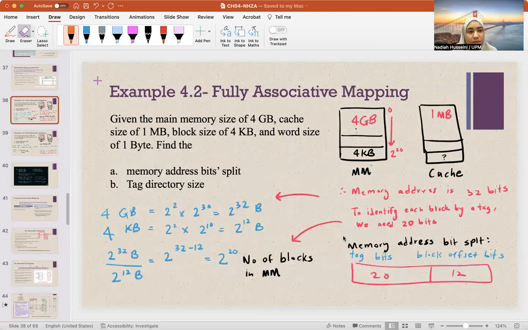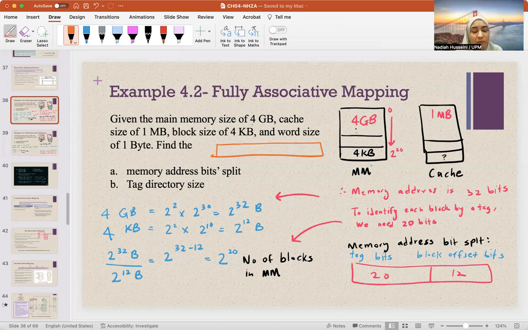This is our next example, based on fully associative mapping. Now you would see that the question is exactly the same: given a main memory size of 4 GB, cache size of 1 MB, block size of 4 KB. The difference is in the format. I want you to emphasize understanding the formatting. This is why I don't want you to have a headache about the math.